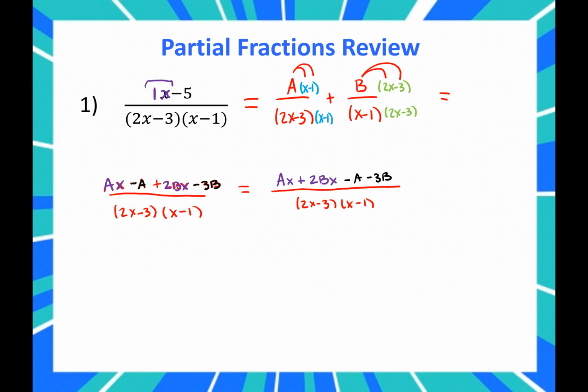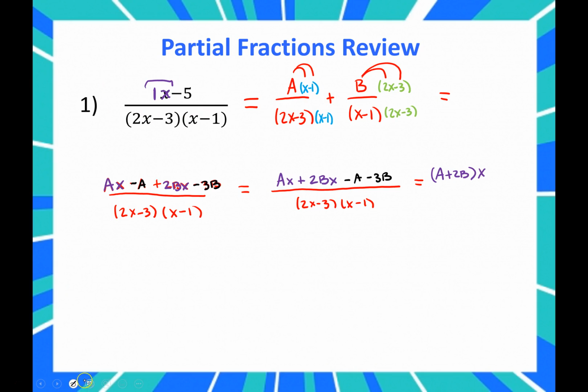Now here's where something gets a little funny. What we're going to do is try to model our purple and black to look exactly like what we have right here. So I'm going to pull out an x. And so I'm going to have that this is equal to a plus 2b, all in parentheses, and then x, because notice how they both have an x in it, so I just pulled out the a plus 2b. Now remember, I want to model what I have here, and what do I have?